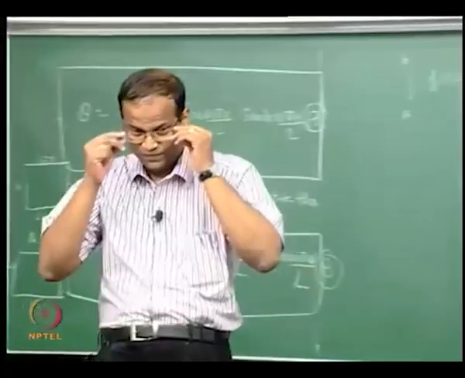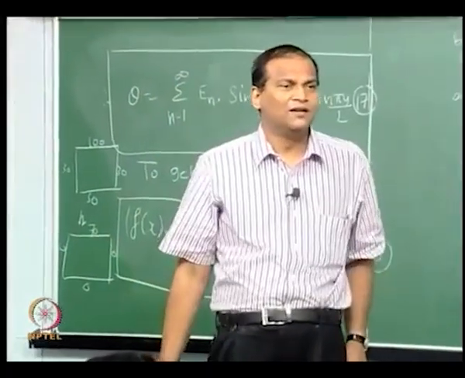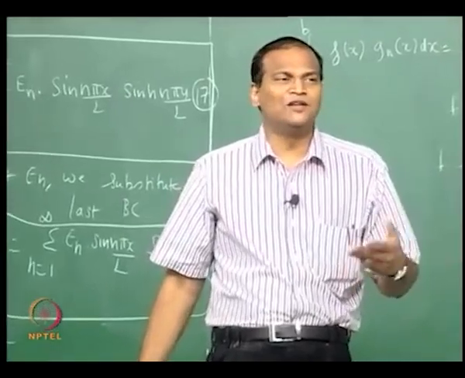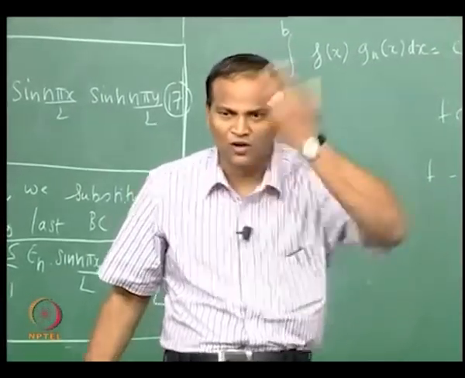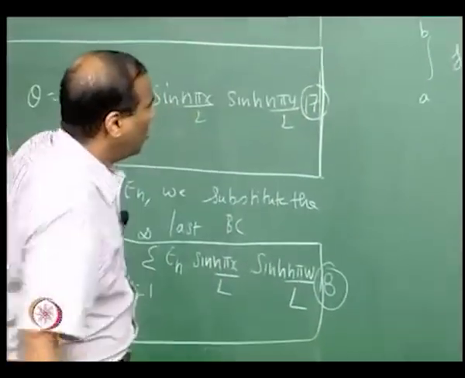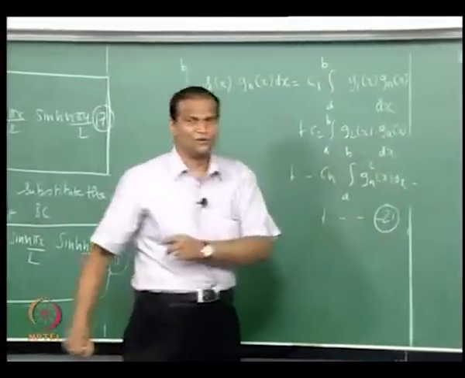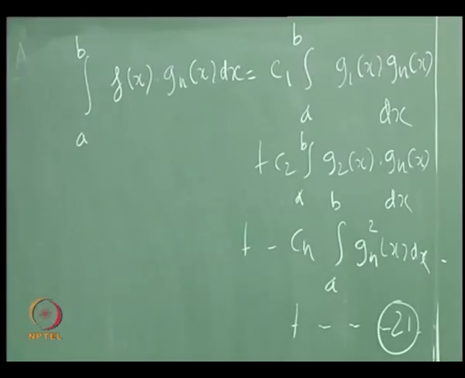Okay, what is the big deal? The big deal is G1, G2, G3, Gn, Gm are all orthogonal functions. Therefore, all of the integrals on the right side except the Gn squared of x will all be 0 because it satisfies the orthogonality property.